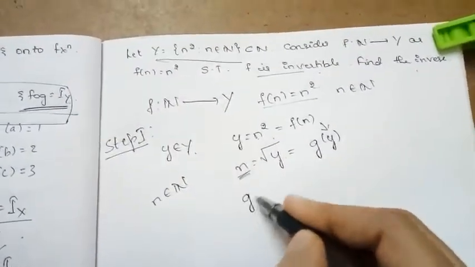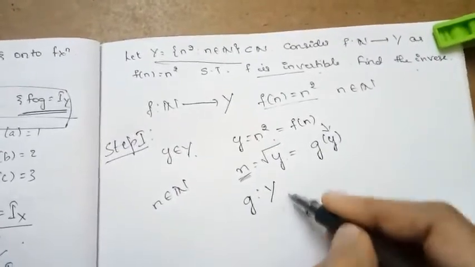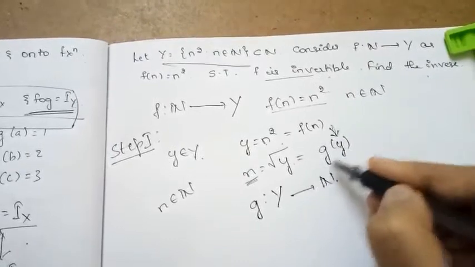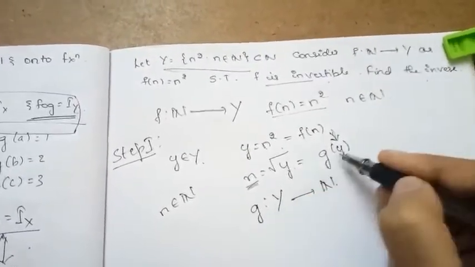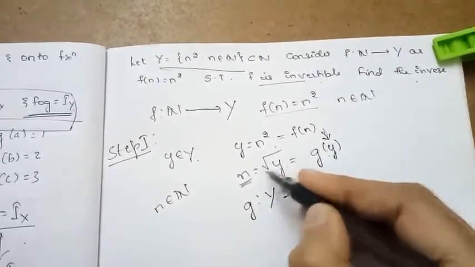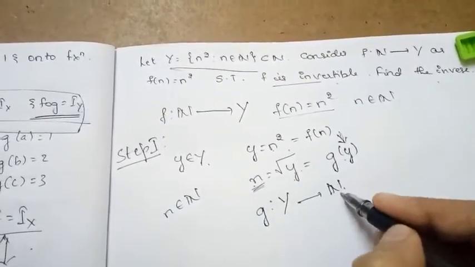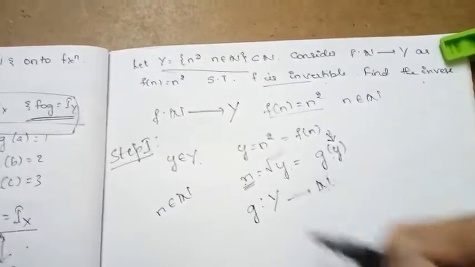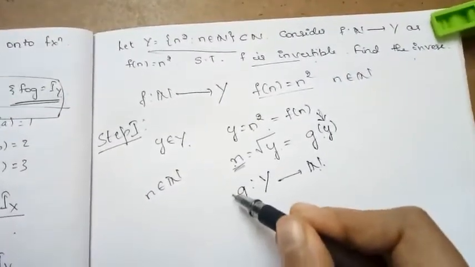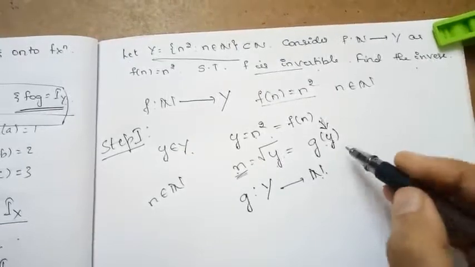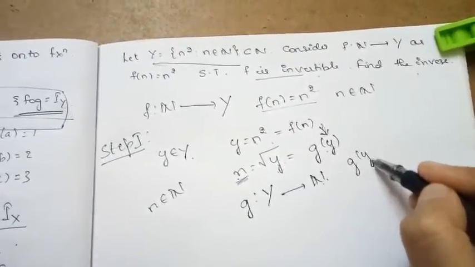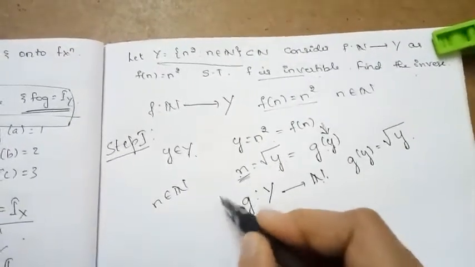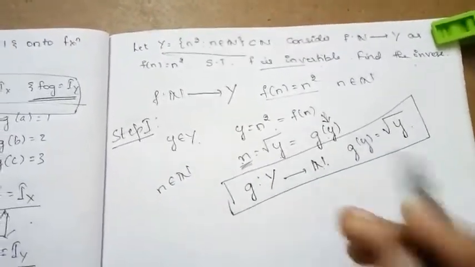So we defined a function g from set Y to the set of natural numbers, because we inputted a value from set Y and got the value of n, so the output is from the natural numbers, which becomes the codomain. So we defined a function g from Y to N, with g of y equal to the square root of y. First, we defined a function.